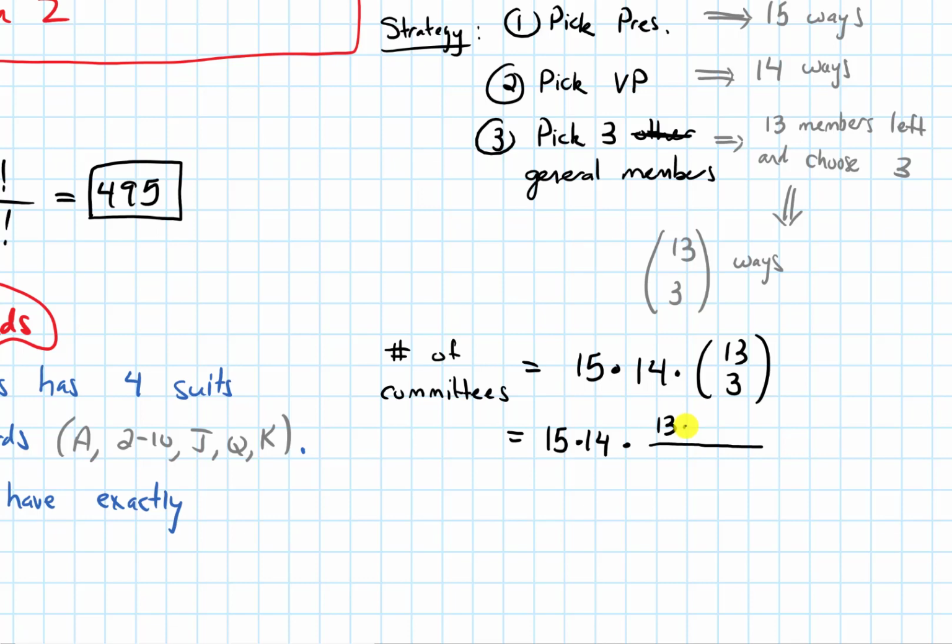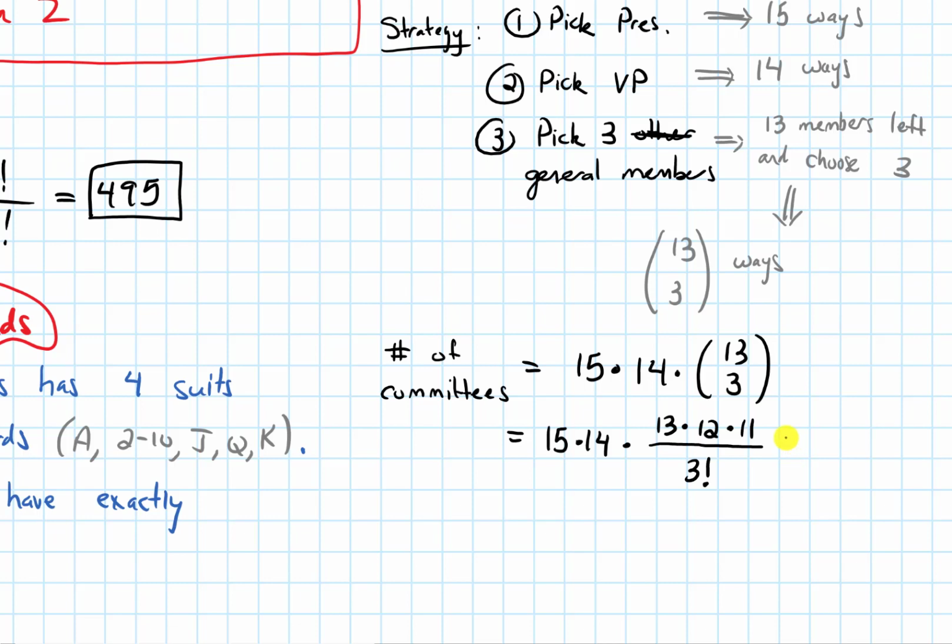And then after I pick that first one, there's 12 left for who goes second, that second general member. And then once I've picked those first 2 general members, there are 11 people left to choose from for that third one. But it's not just 13 times 12 times 11, because that overcounts. That assumes that the order in which I pick those 3 general members matters. But once I pick those 3 general members, there are 3 factorial ways to permute them, and I need to divide by that, because that's how many times I would have ended up overcounting by.